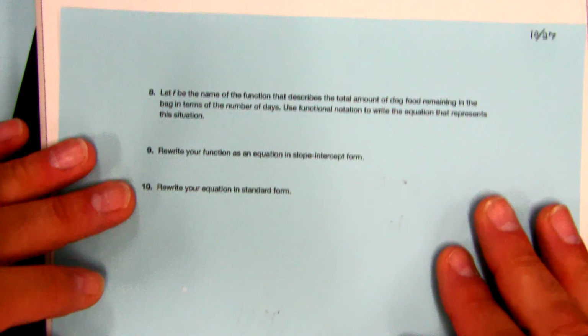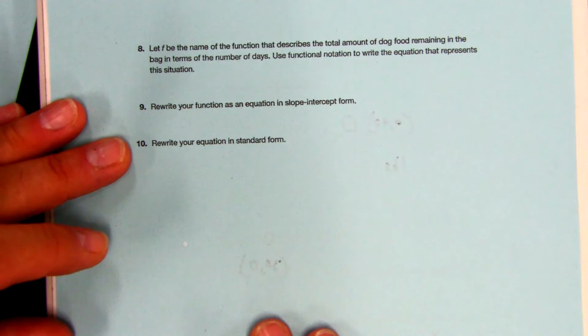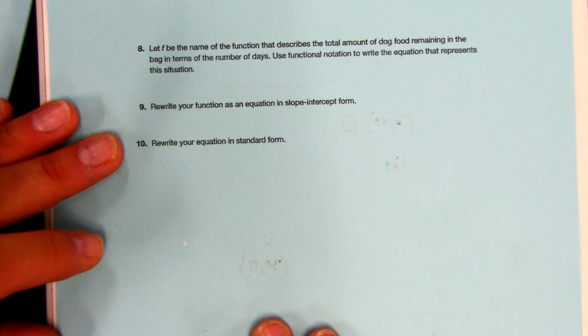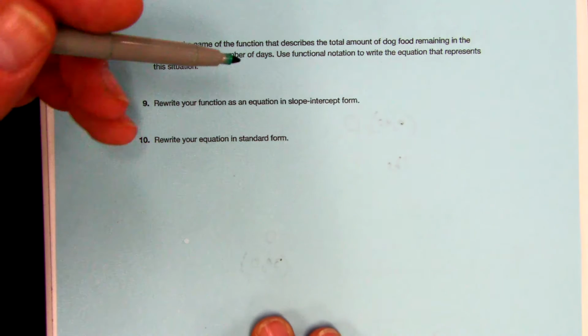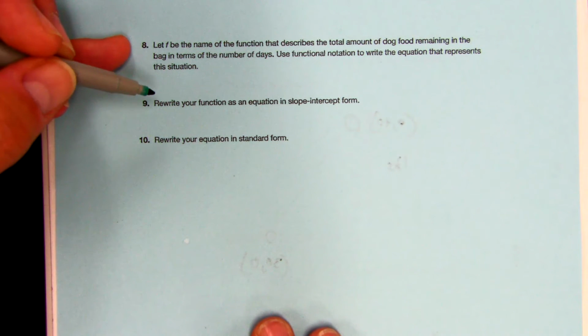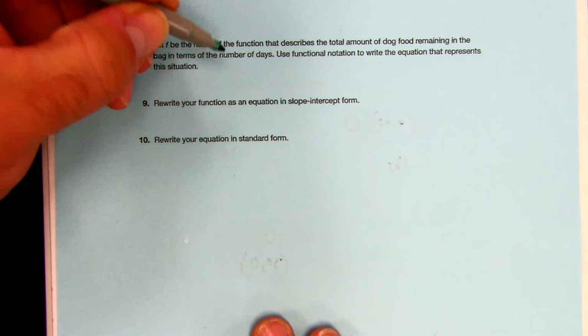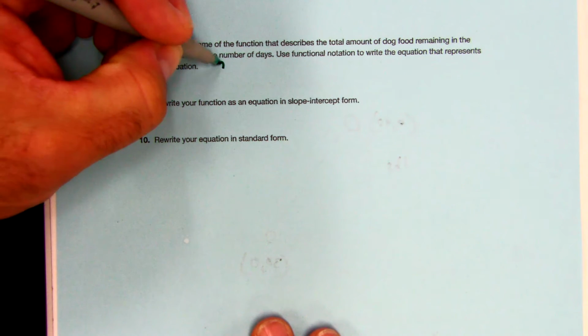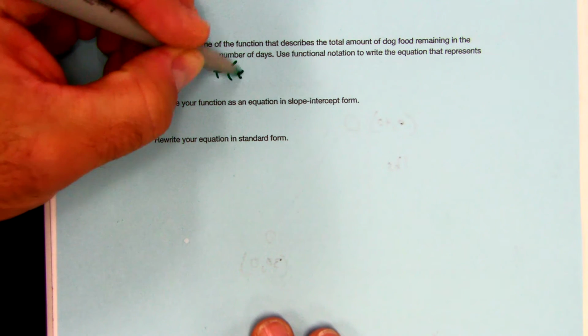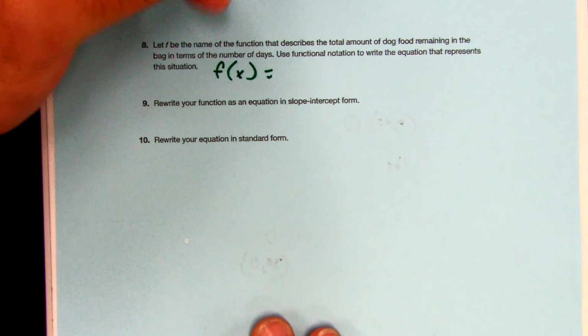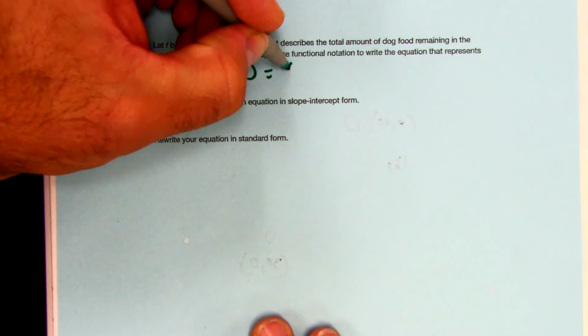All right, so on the back it says, let F be the name of the function that describes the total amount of dog food remaining in the bag in the number of days. Okay? And we're going to write it in function notation. So that means we would have F of X equals 4/3.